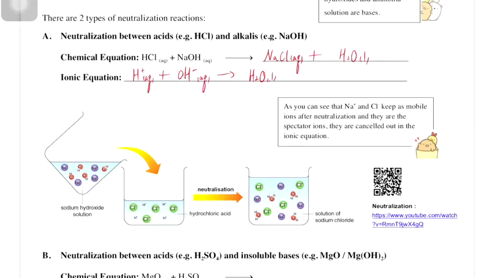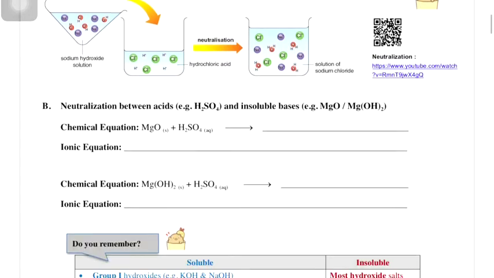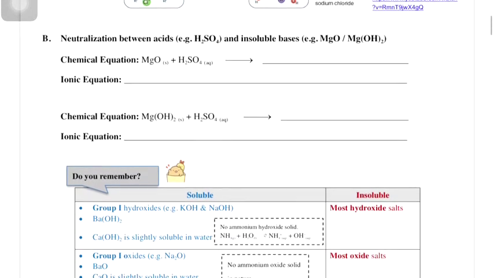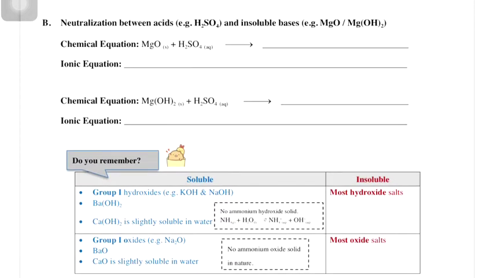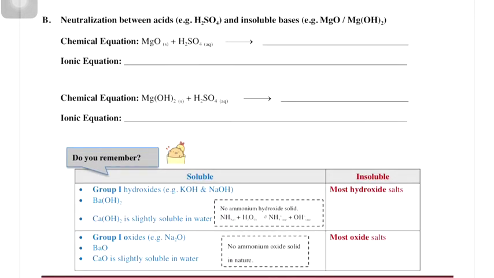So that's the first type of neutralization reaction. The second type is a neutralization reaction between acids and insoluble bases. Remember, in the previous unit, I asked you to memorize a solubility table. You should remember that group 1 hydroxides are soluble, and calcium hydroxide is slightly soluble.